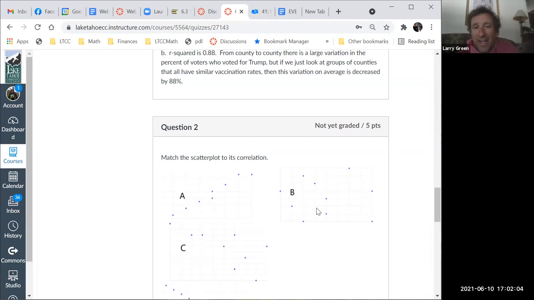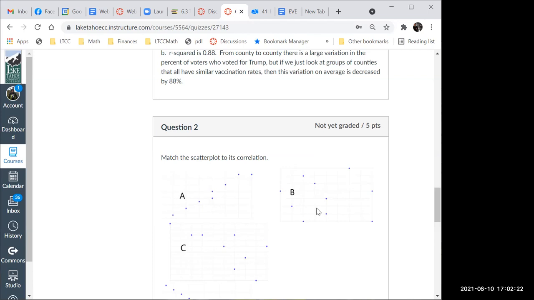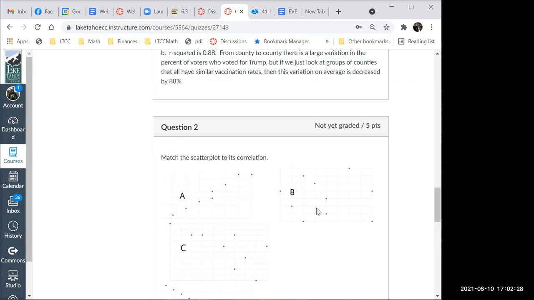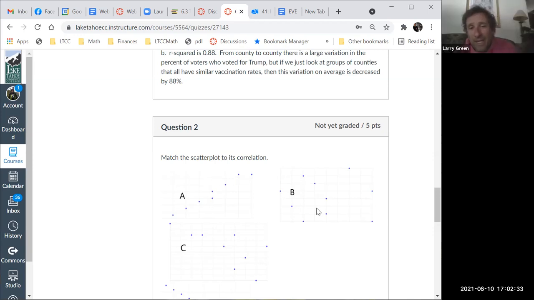Let's say instead of our picture, let's say it looked like part B. Then do you think the y-intercept would be useful at all? No. The line is worthless. Do you think the slope would be useful? No, nothing's useful. So if it happens to look like part B, don't do regression analysis. Got it?